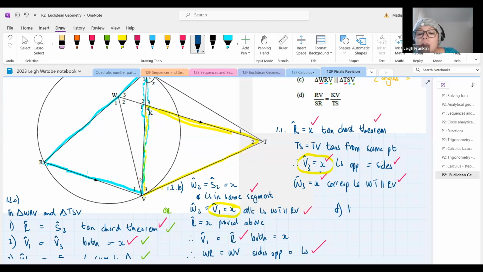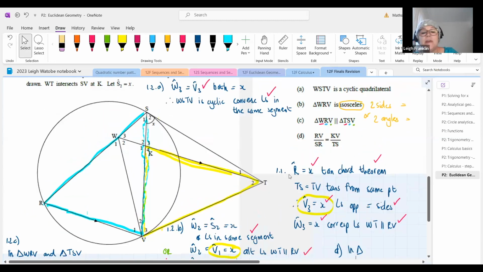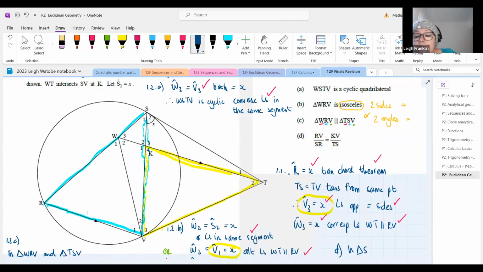So we've got in triangle SRV and triangle KVT. Now remember, we had a bunch of things that were also equal to X. That was equal to X, that was equal to X, that was equal to X. I think that was all. Okay.